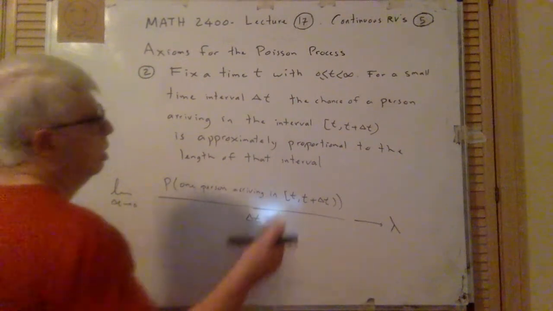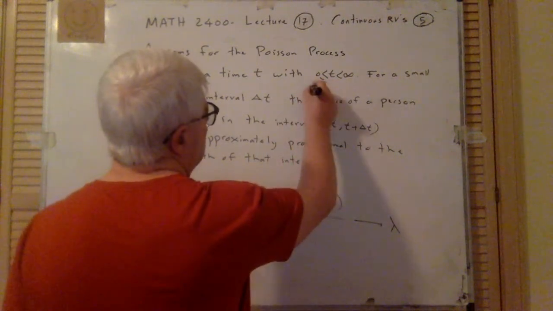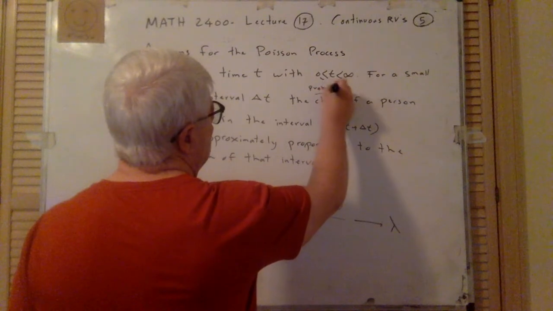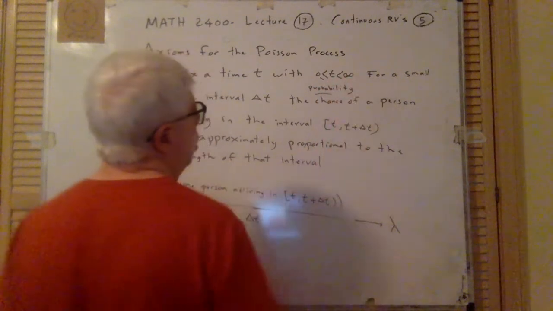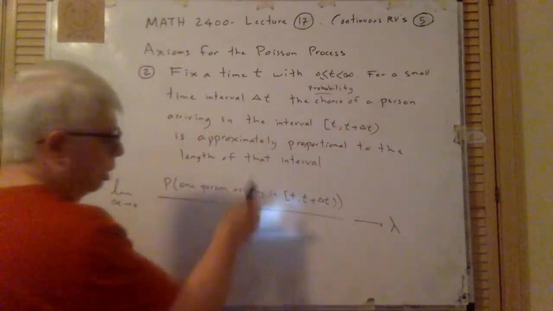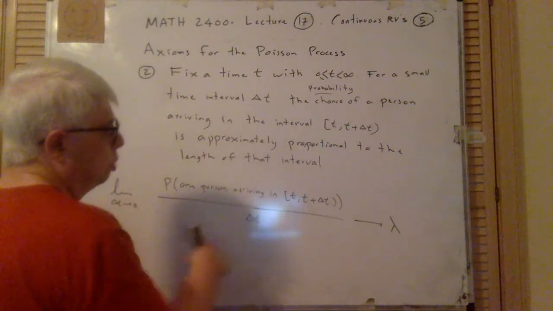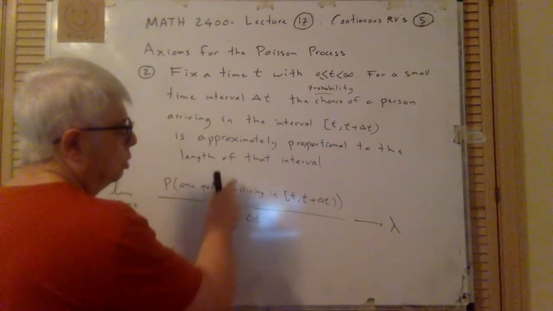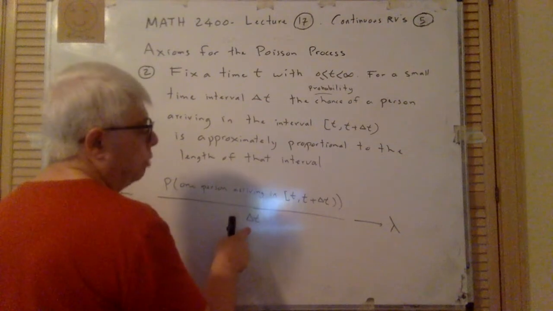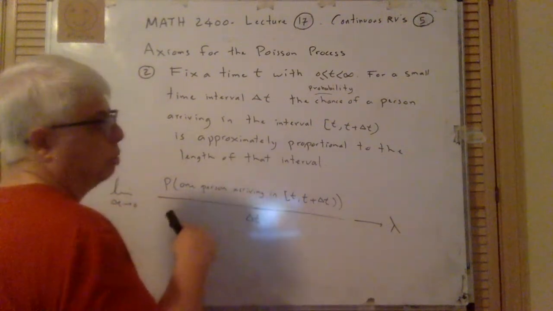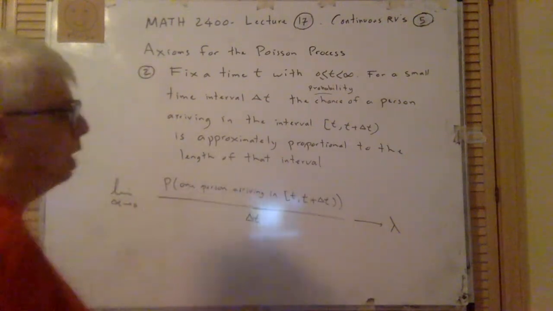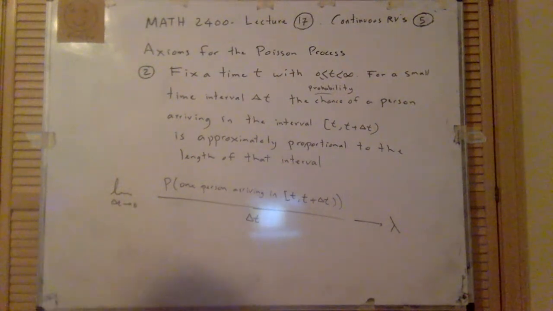Okay, so this is what it means. It says the chance, which means probability, of a person arriving, P of one person arriving in this time interval, is proportional to the length of the interval, so this divided by the length of the interval should be a fixed number. And that fixed number is lambda, and lambda as delta t goes to 0 is in fact like the rate of people arriving at this bank.